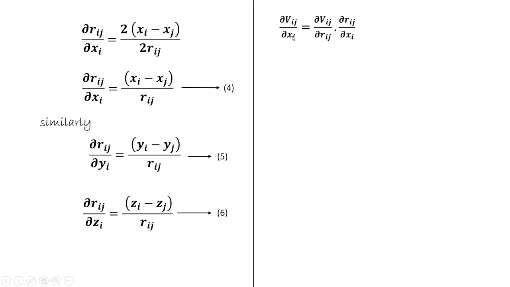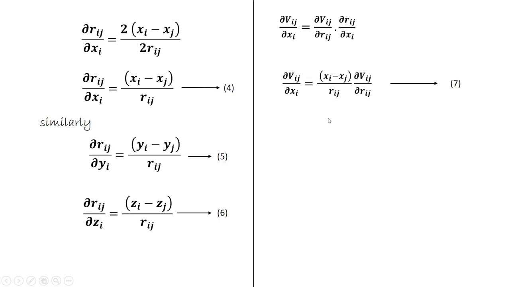So dou V divided by dou x equal to, I'm going to write like this. Dou r is going to cancel, then you'll get this. I know dou r divided by dou x value, this one, right? Equation number 4. If you use this information here, then you'll get this equation. This is equation number 7.